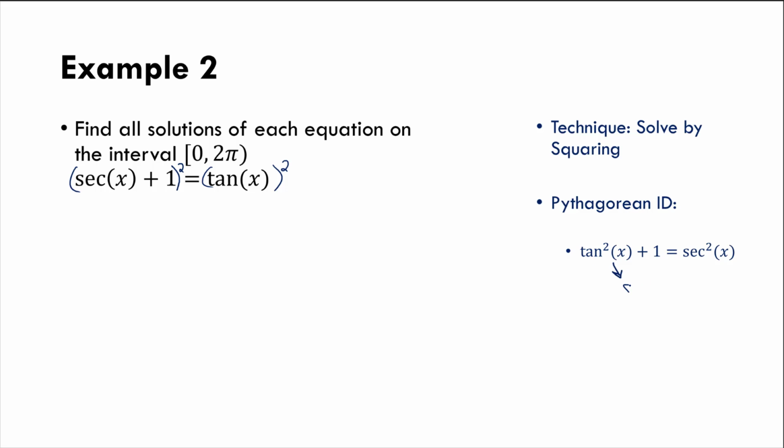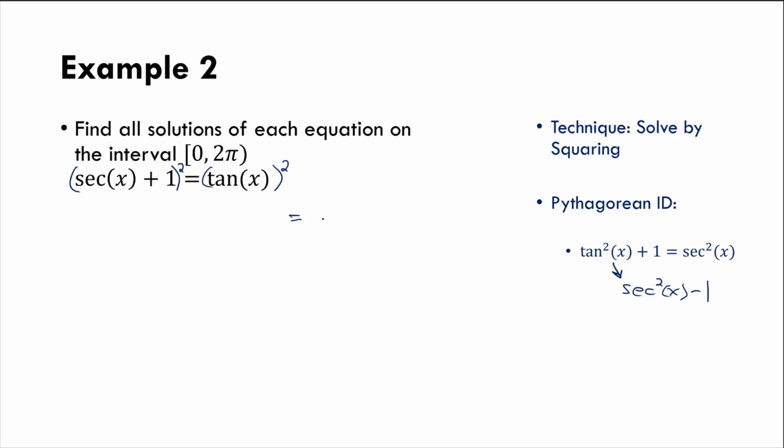This identity says tangent squared x is equal to secant squared x minus 1. So now I can rewrite the right-hand side as secant squared x minus 1.